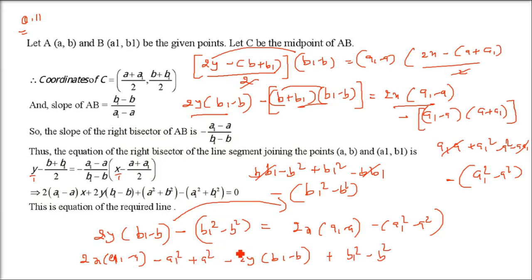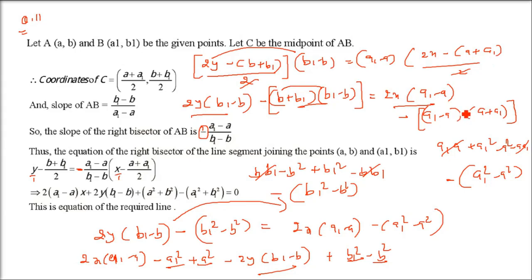Because it is negative, you can just change the sign, take it as b minus b1 if you want. The simple thing you can do is to relate it with the answer. Even if you write this, it doesn't matter, but there is a negative.